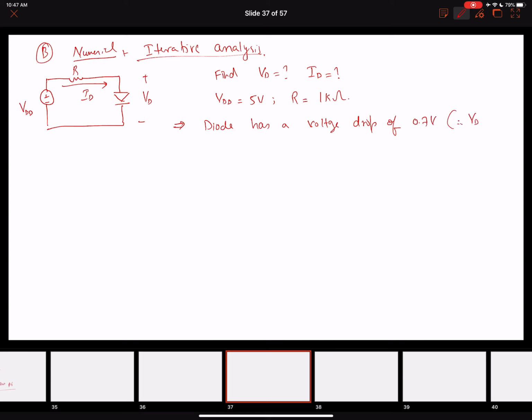This means that VD equals 0.7 volts when the diode current is 1 milliampere. This is an assumption that we are going to make.